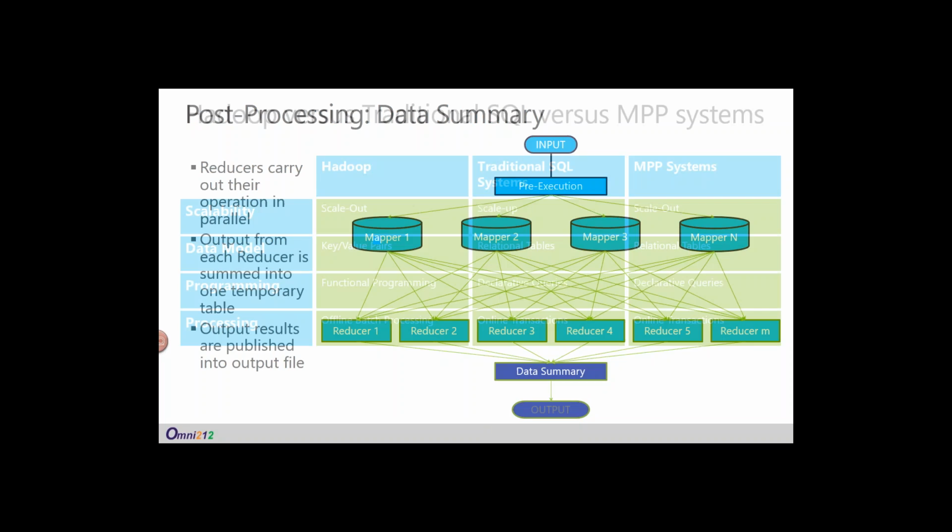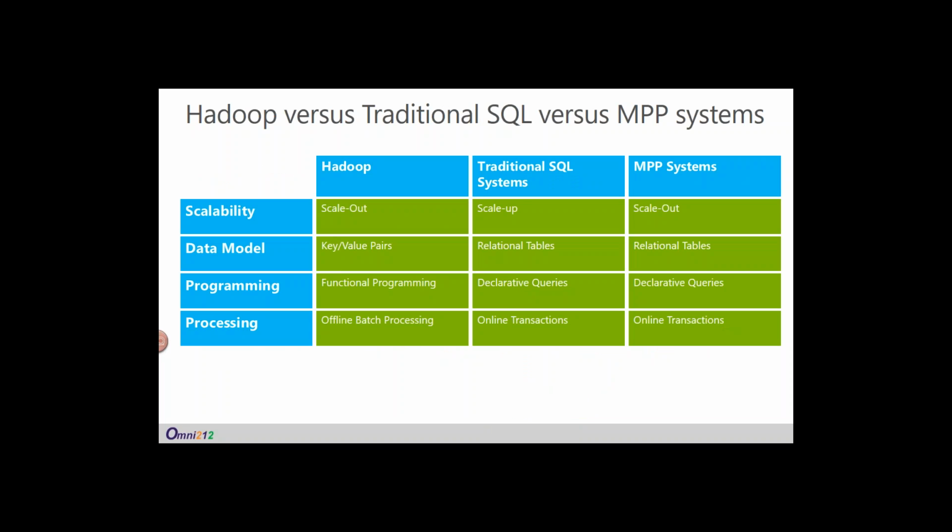Now let us have a quick comparison between Hadoop, traditional SQL-based systems, and massively parallel processing systems or MPP systems. First of all, scalability. Hadoop possesses scale-out capabilities as we have already discussed, and similar capabilities are there with MPP systems as well.